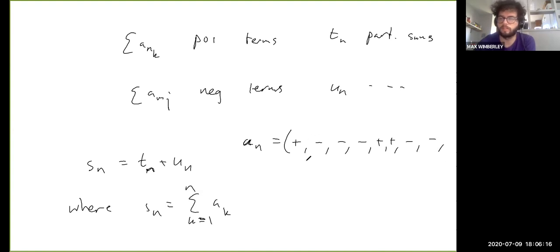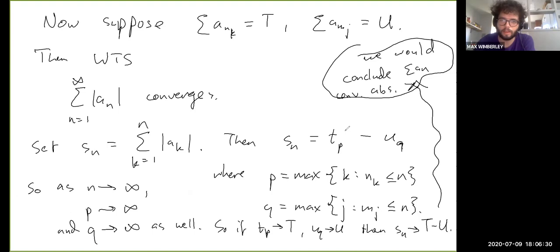The pluses and minuses could be distributed randomly. So toying around with a really random looking sequence like this will really help you understand what all of this notation is doing. All it's doing is being careful about how you describe a partial sum of the original series a_n as a sum or a difference. I guess here, since we have the absolute value, it's a difference.